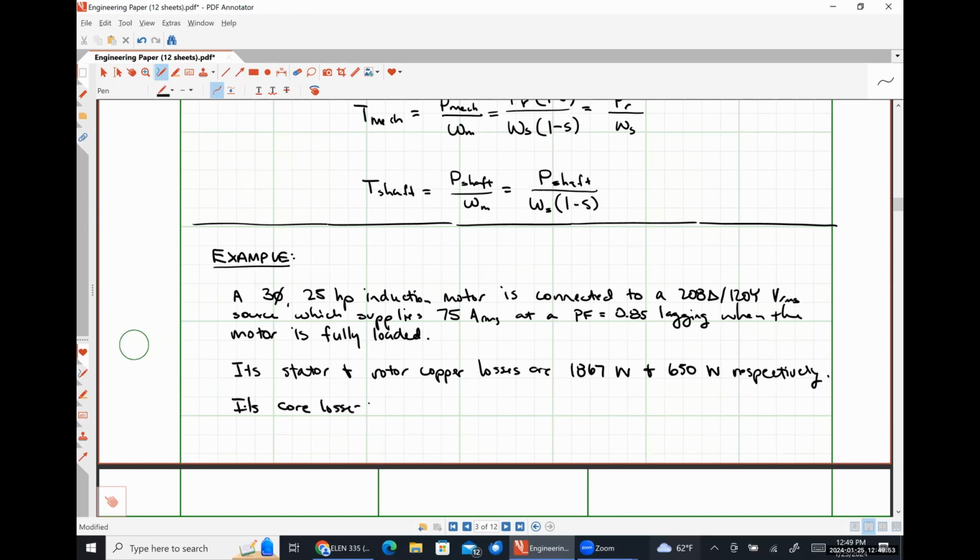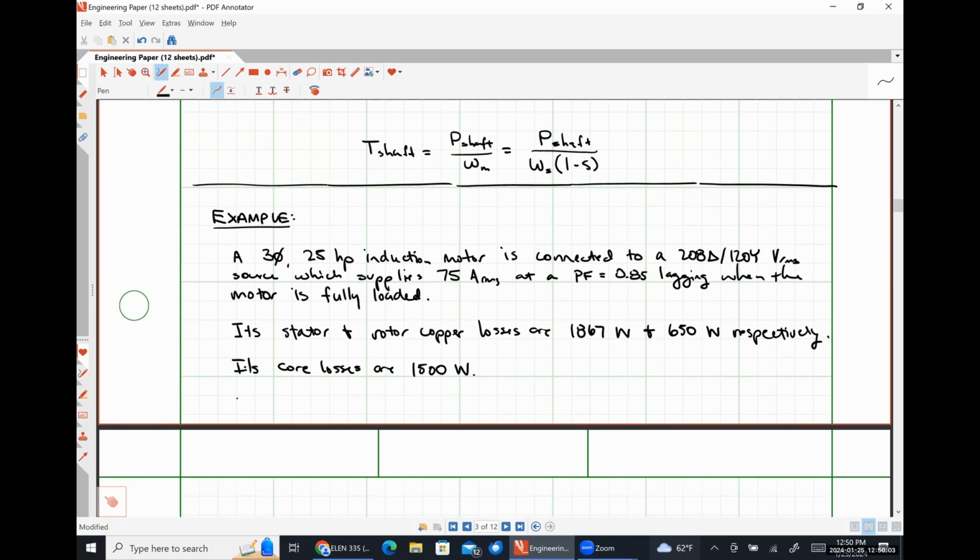Its core losses are 1,500 watts and friction and windage losses are 300 watts. And if I don't tell you what the stray losses are, we can assume that they don't have any impact on things here. So no stray losses to account for.